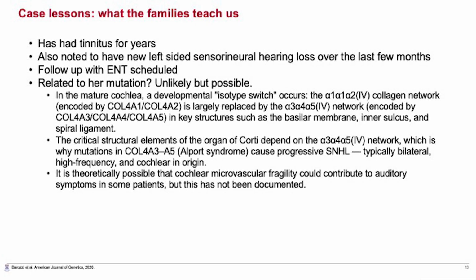And so it's theoretically possible that some of this fragility could contribute to auditory symptoms in some patients, or that it's related to this switch. But I don't know, and I wonder if some other colleagues will have better insight. So we'll see, hopefully our ENT folks can help with her.